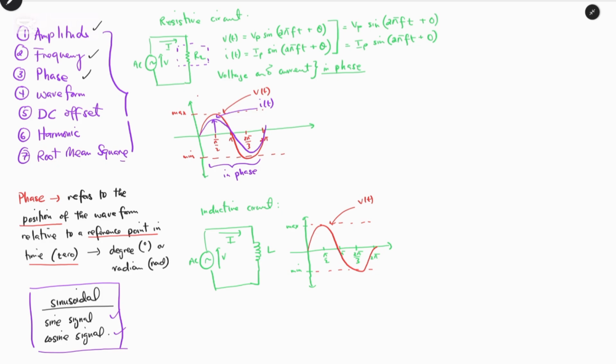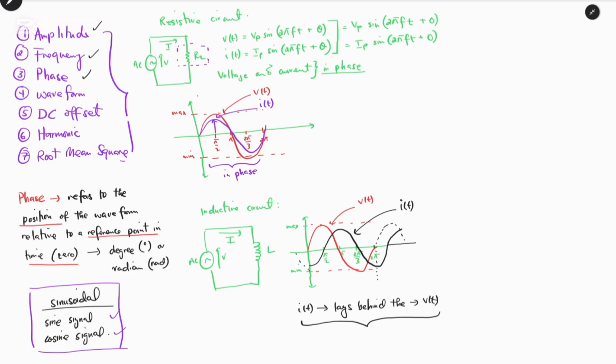However, for the current, this now represents our I(t), and we can draw the conclusion that the current I(t) now lags behind V(t), and the phase difference between the two is 90 degrees.